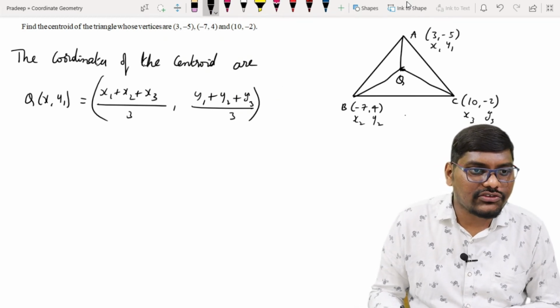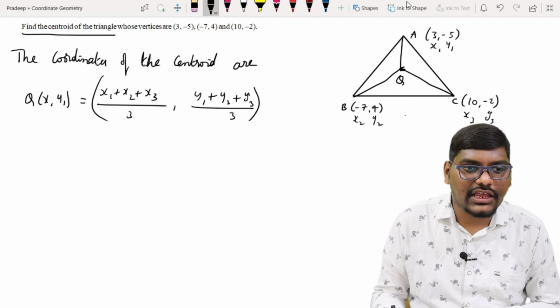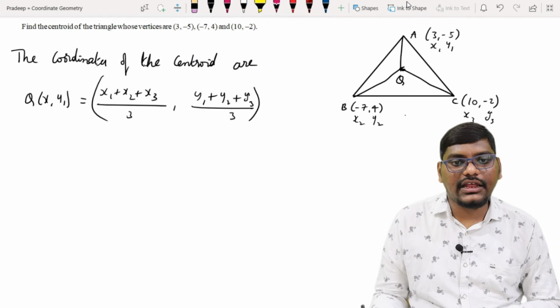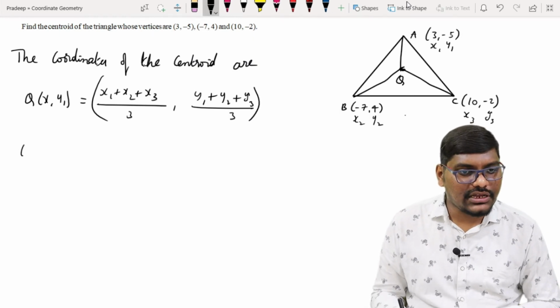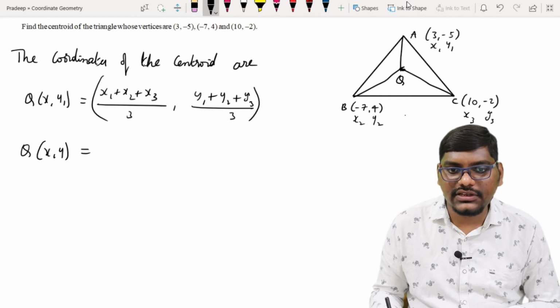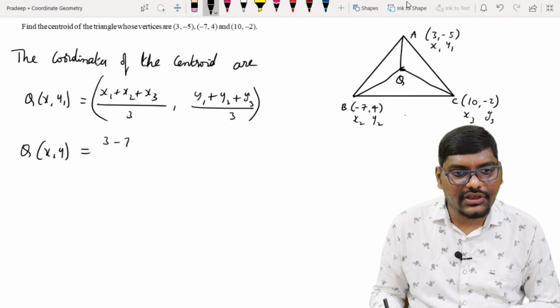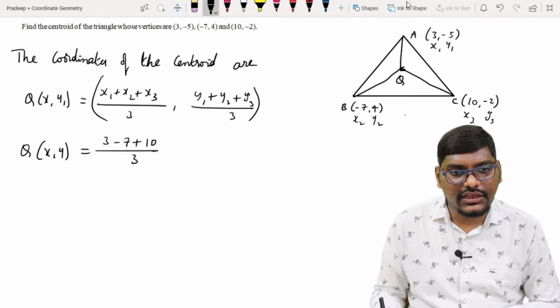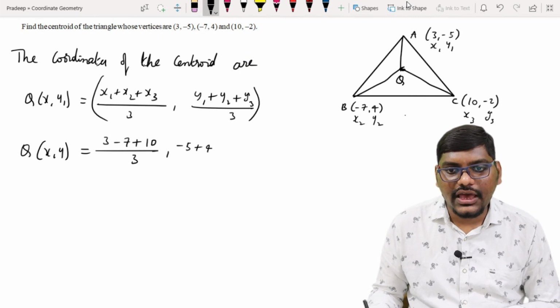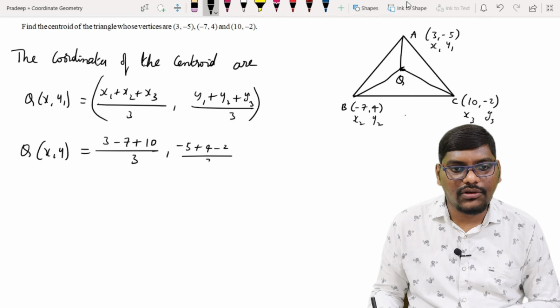So first we'll read the question. Find the centroid of the triangle whose vertices are 3 comma minus 5, minus 7 comma 4 and 10 comma minus 2. So let's substitute in the given formula. So x1 is 3, x2 is minus 7, and x3 is 10, whole by 3, and y1 is minus 5, y2 is 4, and y3 is minus 2, whole by 3.